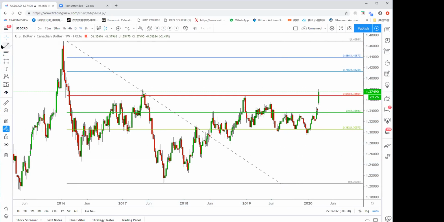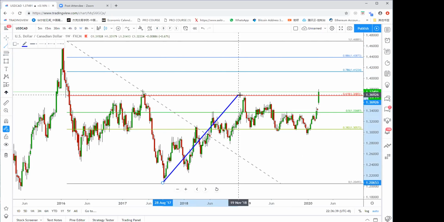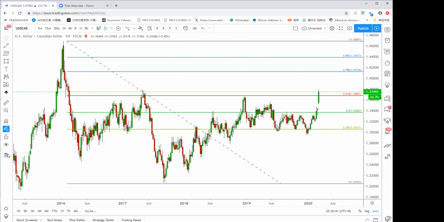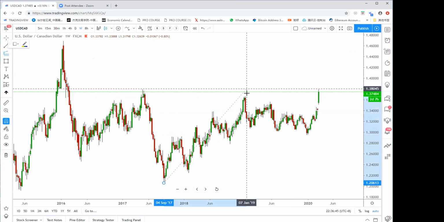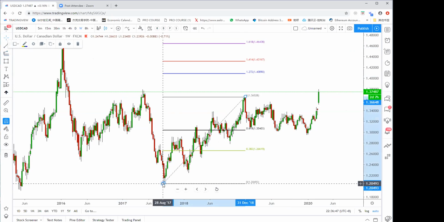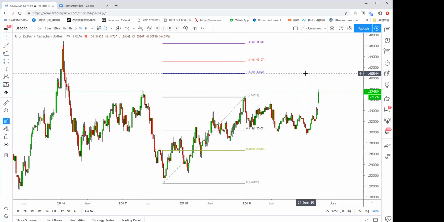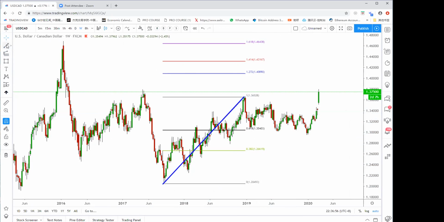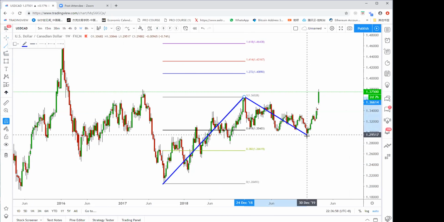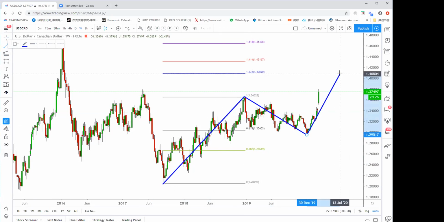It may even go to, not the ABCD pattern, but the Fibonacci extensions here. Let's just measure where it may go. 1.408. So this is telling me the dollar Canadian is likely to move to 1.4089 before it bursts.